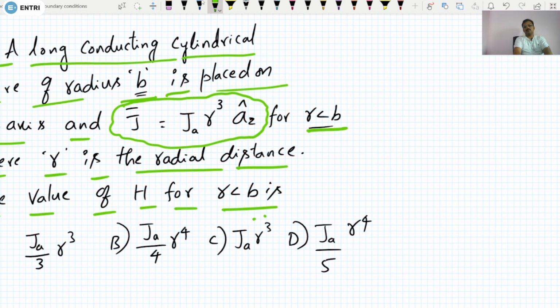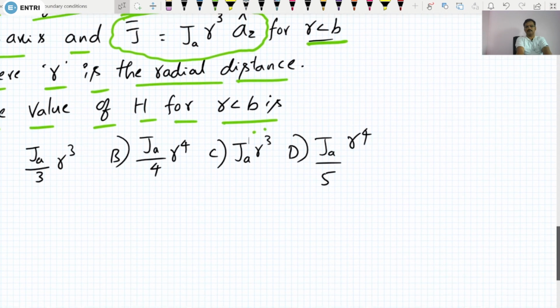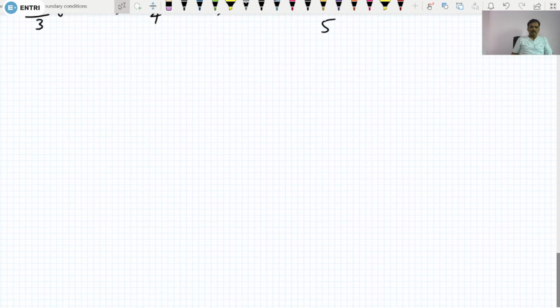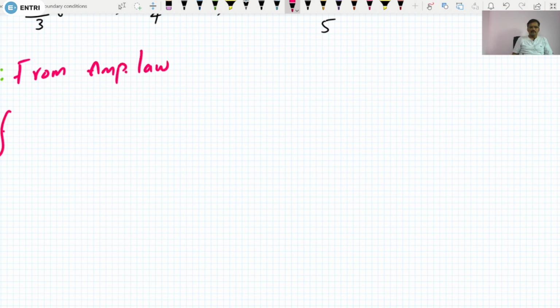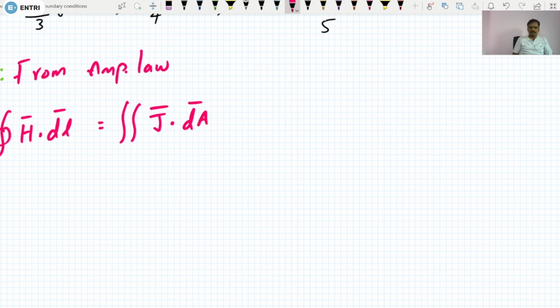So we know from Ampere's law. Writing the solution here. From Ampere's law, I can write the circulation of H field around any closed loop is equivalent to double integral z bar dot dA bar.